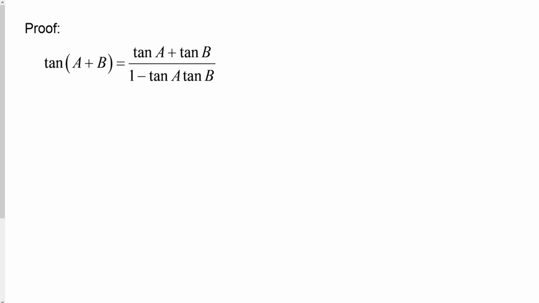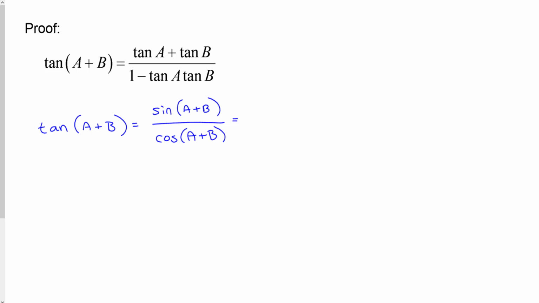All right, let's look at how the tangent works. So tangent of A plus B is the sine of that angle, A plus B, over the cosine of that angle, A plus B. Now, in order to simplify this, we just need to substitute in what we know.